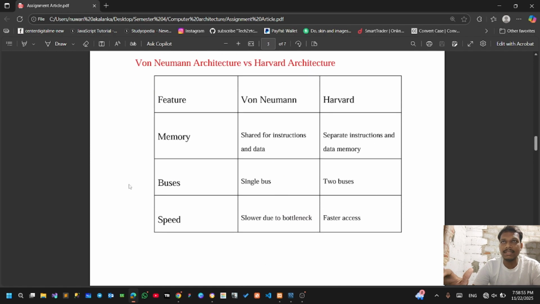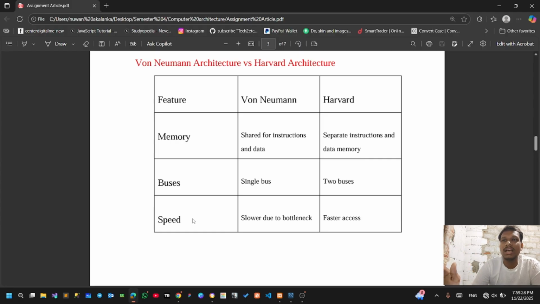Next we discuss some differences between von Neumann and Harvard architecture. Mainly, in memory, von Neumann architecture is shared for instructions and data. In Harvard architecture there are separate instruction and data memories. For buses, von Neumann architecture has a single bus, but Harvard architecture has two buses.